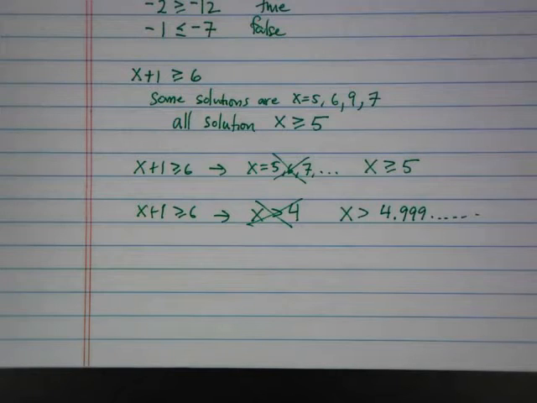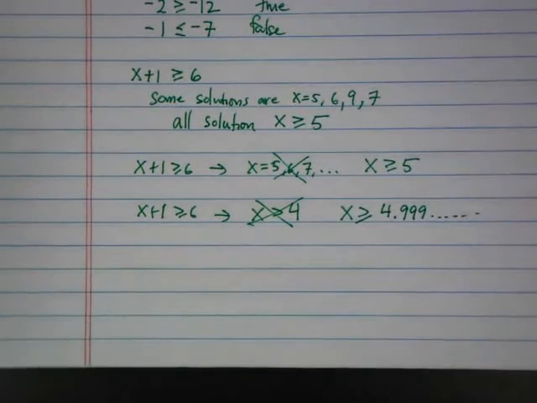Why not? It would only be correct if you put 5. 4.99999 repeating forever is exactly the same as 5. You thought you were funny, but 4.999 repeating forever is exactly the same number as 5.